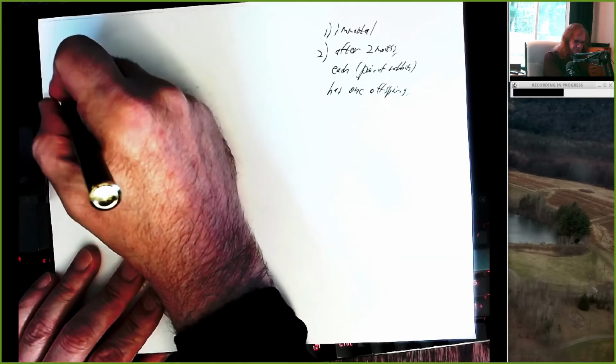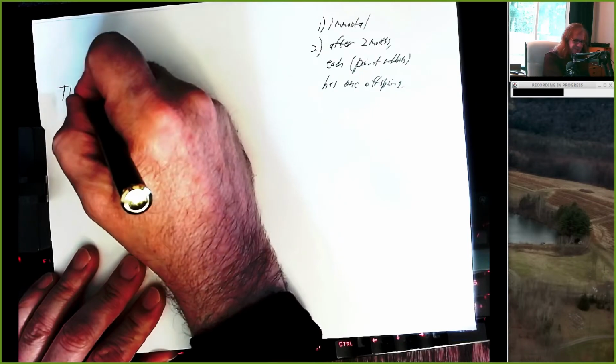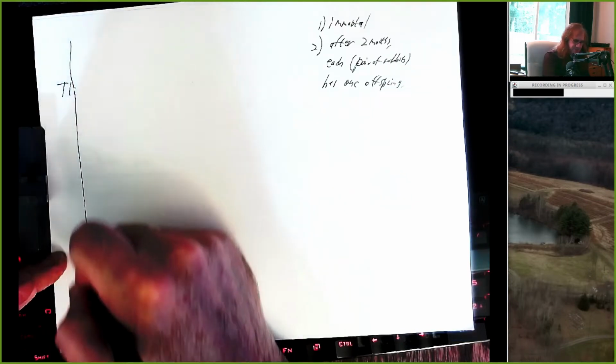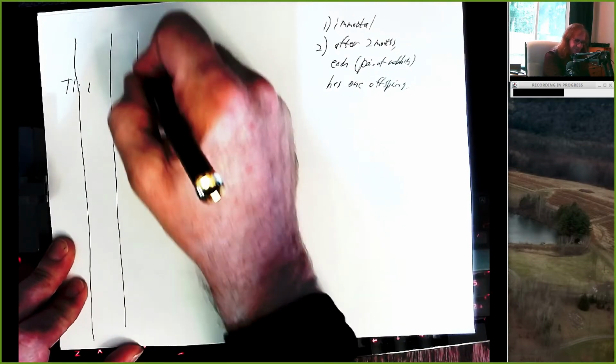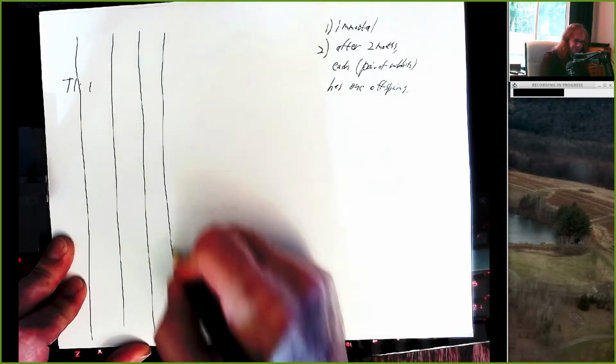So at time 1, we have 1 rabbit. Let me mark off time like this, and we're going to go by 1 month intervals.